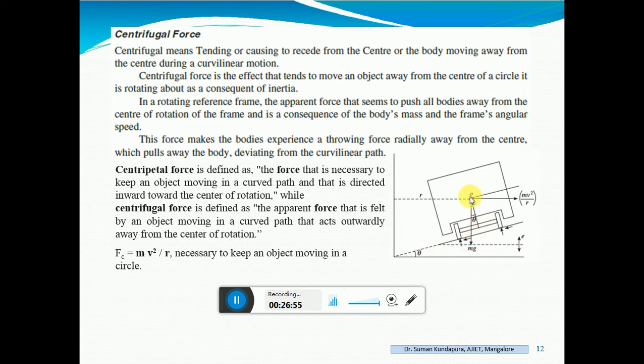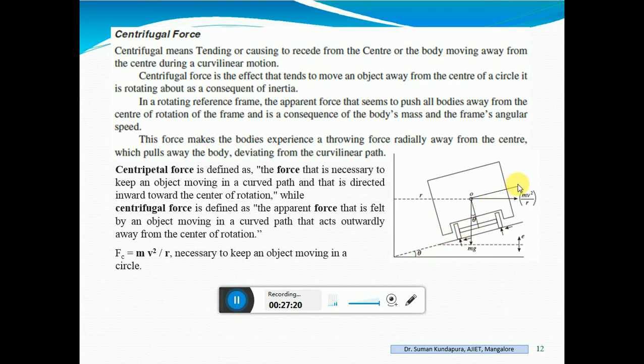So the vehicle's weight is acting downwards, making an angle theta which is the same as this angle. In many of the problems I have shown you how we can arrive at this angle. So find out this angle, which is the same angle produced here. Now I want to find out this angle.